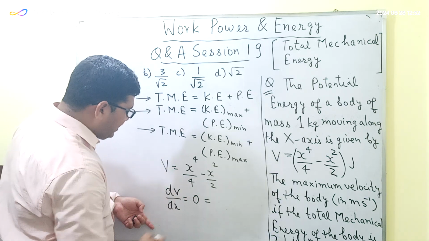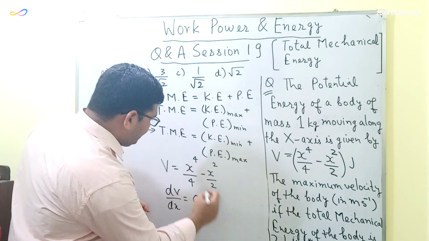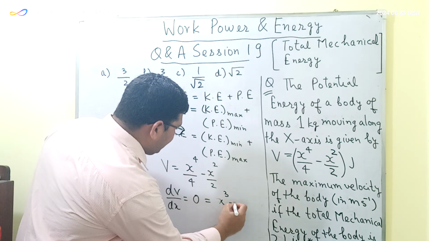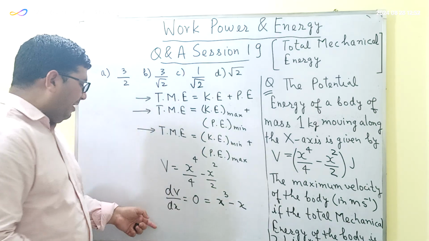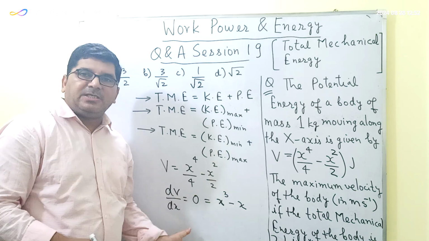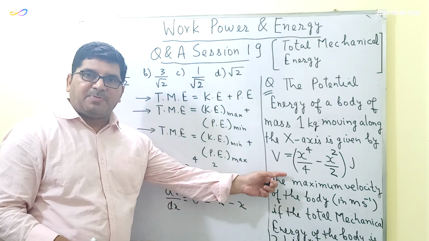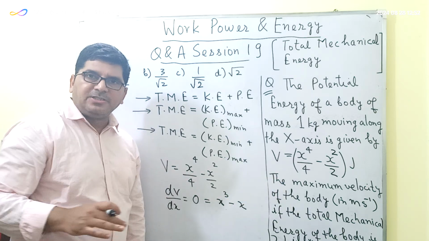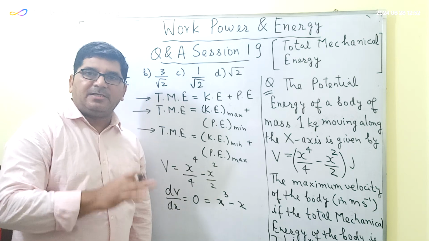So if I differentiate this with respect to x, I will be getting x cube minus x, and I will be putting it equal to 0, because the potential energy is not going to decrease beyond the minimum potential energy.